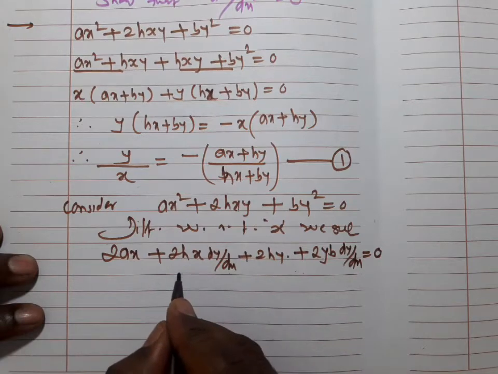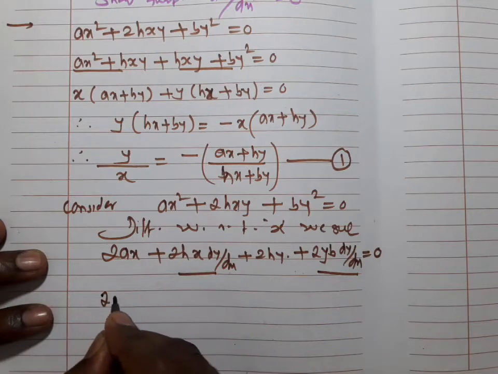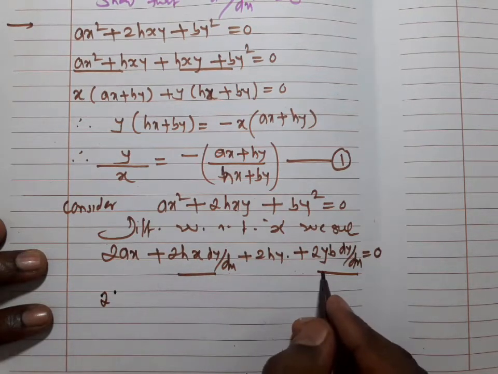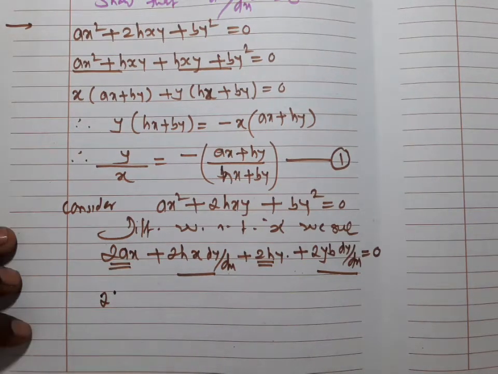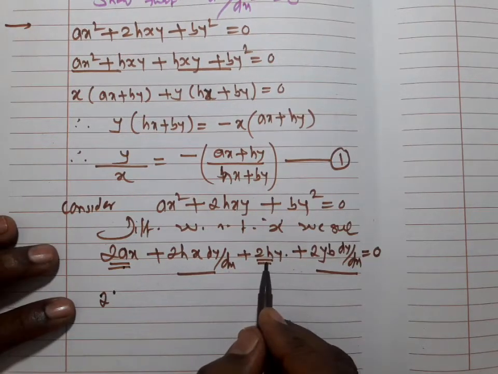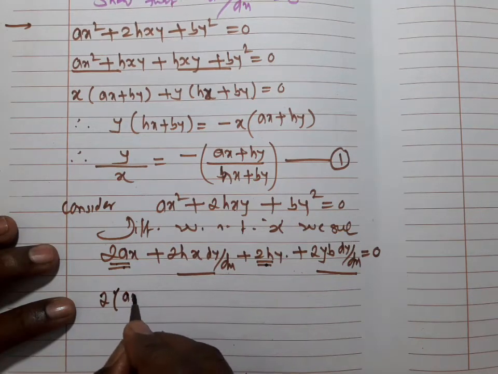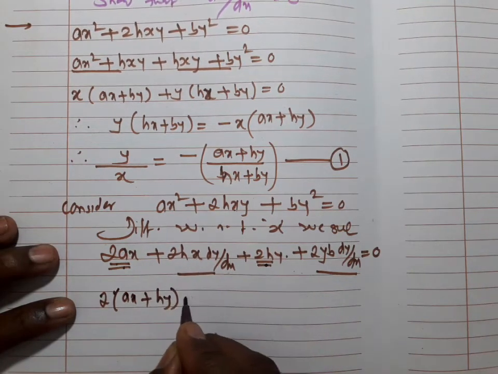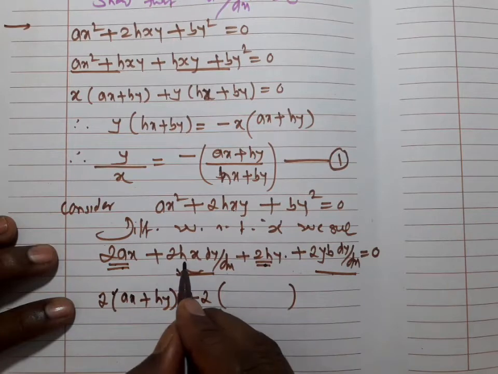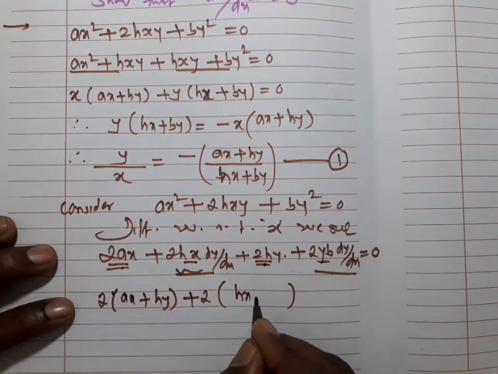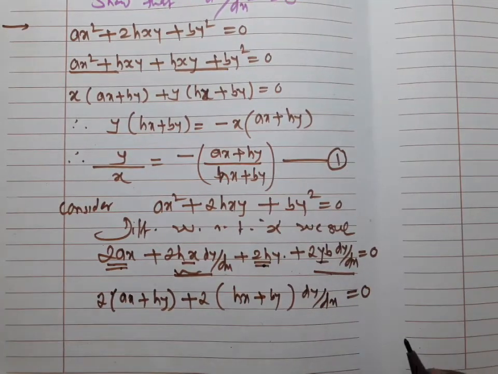So then take these two terms together. From the first and third term, 2 is common, and what remains? ax plus hy, plus, now these two terms, 2 common, (hx plus by) dy by dx is equal to 0.